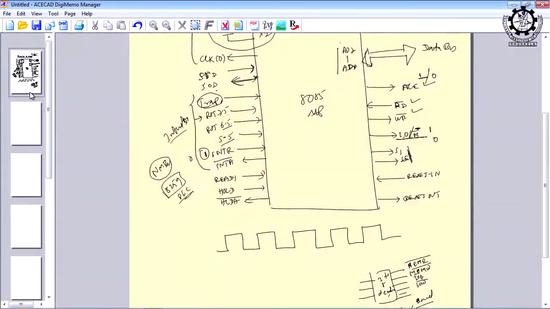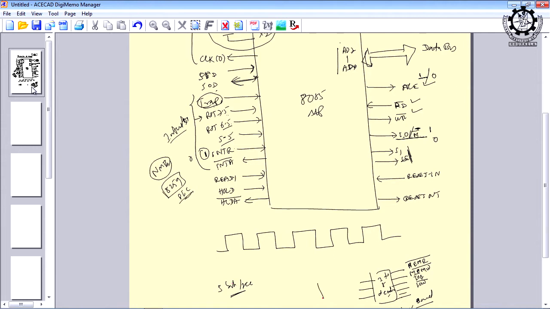Then as I told you again, the 8085 microprocessor is the fastest device in the microcomputer system, or anywhere you are using a microprocessor as a device. It is the fastest component, but all other components like memory and IOs are slower compared to the microprocessor. For example, the microprocessor can send 5 bits per second.